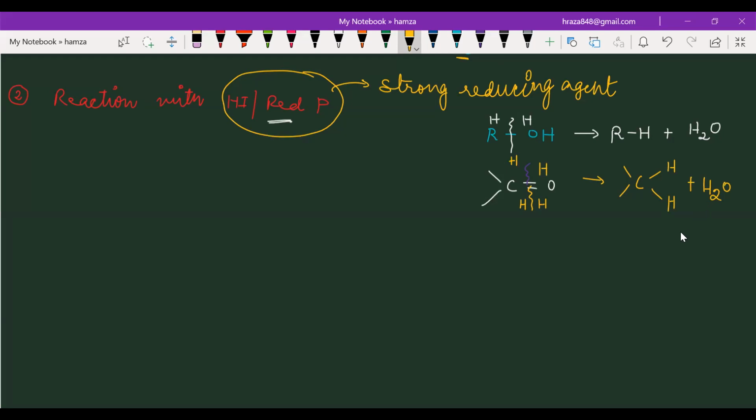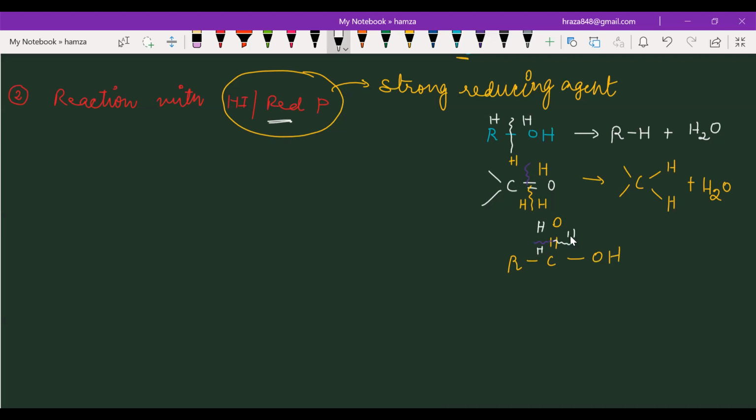So it's very easy. If you have carboxylic acid, it is such a strong reducing agent, very, very strong, that it even reduces carboxylic acid to alkane. So you can see one of the bonds will be broken like this, and hydrogen will be added here and here.